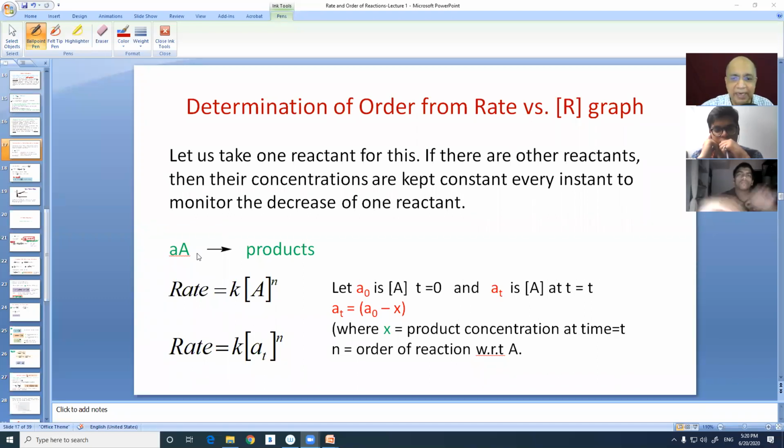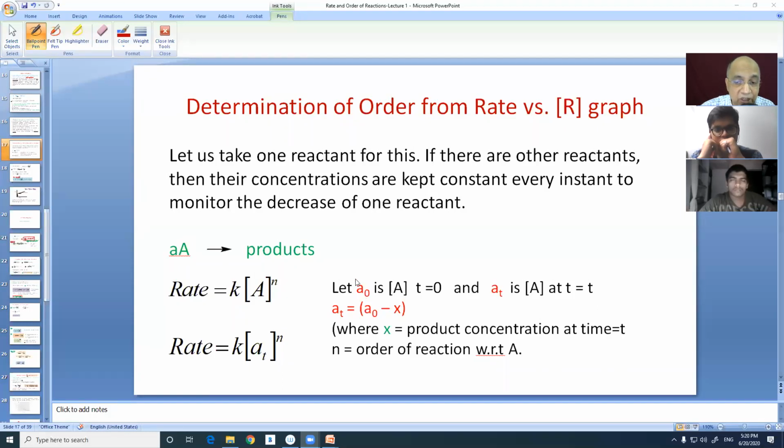So in that case, rate is equal to some constant k, the rate constant, into A to the power N. We want to determine this N, which may be different from the coefficient of A. And what is A? This is nothing but A_t.